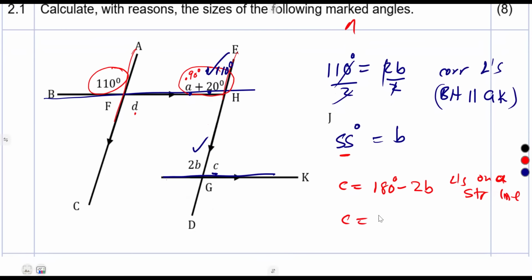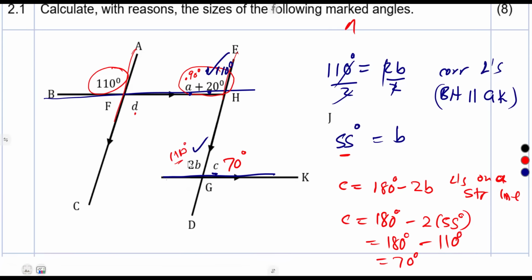So I can easily use the one that we calculated, 2 times what? 55, which is 110. 180 minus 110, which is what? 70 degrees. So that is going to be 70 for C. So that is it, guys. As we can see, we've got B, our C and our A.